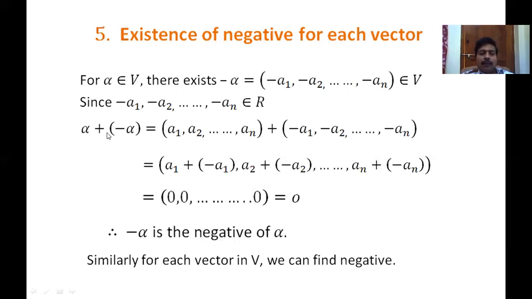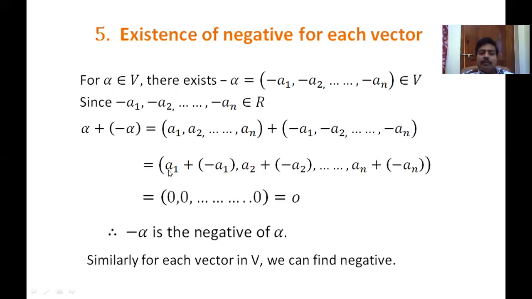Now alpha plus this minus alpha, this is denoted by minus alpha. Alpha plus minus alpha is equal to, alpha is a1, a2 and so on an, that is added to this vector minus a1, minus a2 and so on minus an. After component wise addition, a1 plus minus a1, a2 plus minus a2 and so on, an plus minus an.